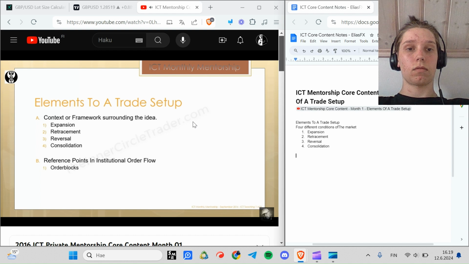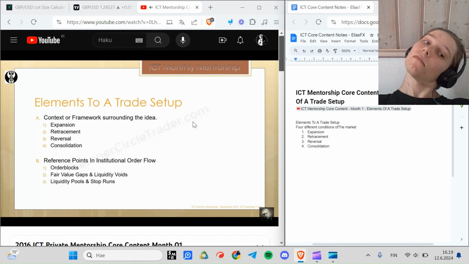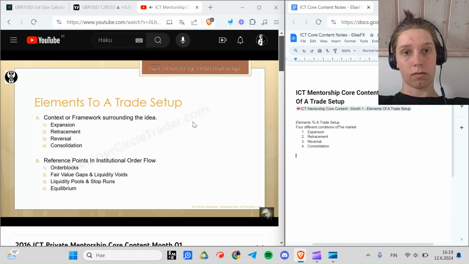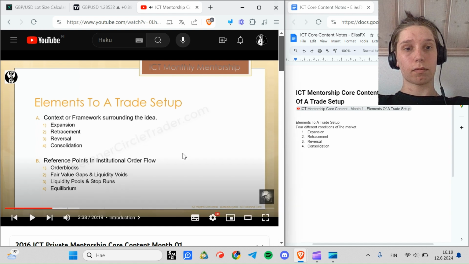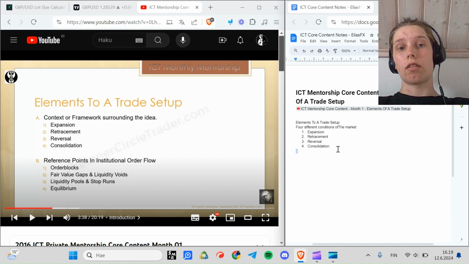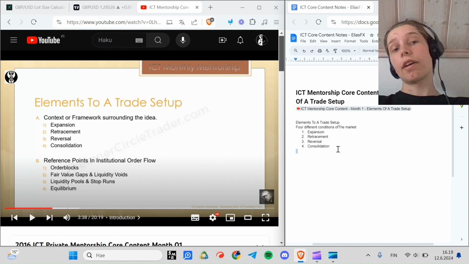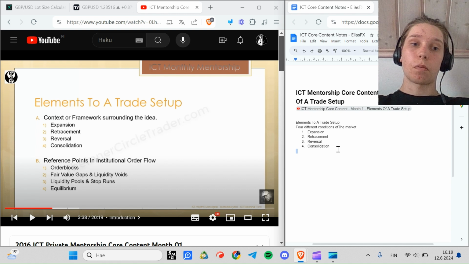The first one is order blocks. The second one is fair value gaps and liquidity voids, liquidity pools and stop runs, and lastly, equilibrium. These are the four main reference points in terms of institutional order flow, the main areas where you want to see certain reactions happen.